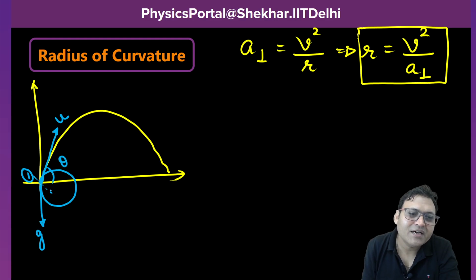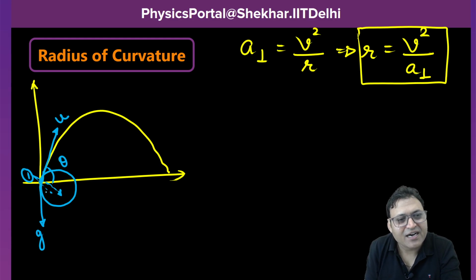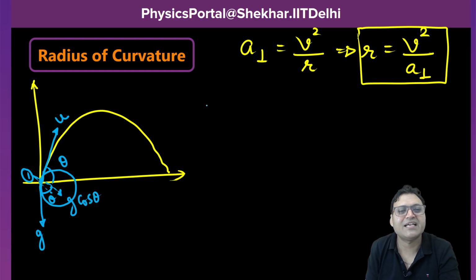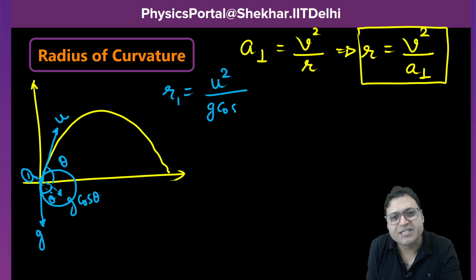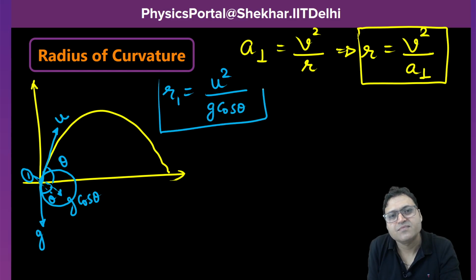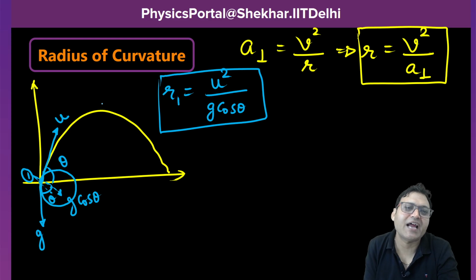If we take the component of acceleration perpendicular to the velocity, this angle will also be theta, so it will be g cos theta. So we can say r1 is equal to u square upon g cos theta. This is the radius of curvature at point 1.